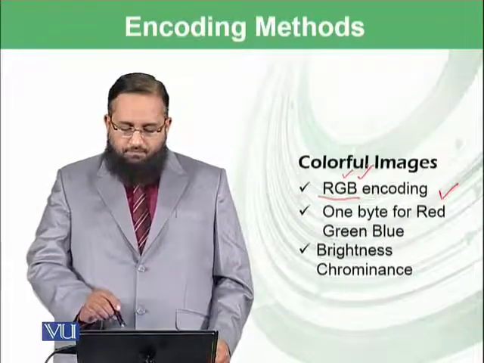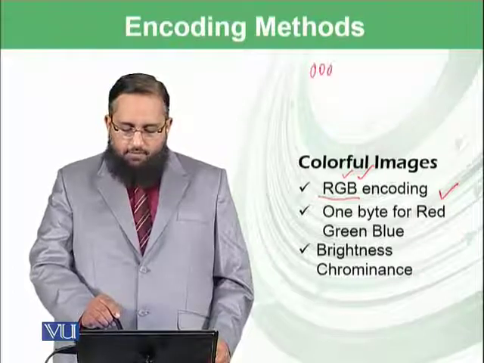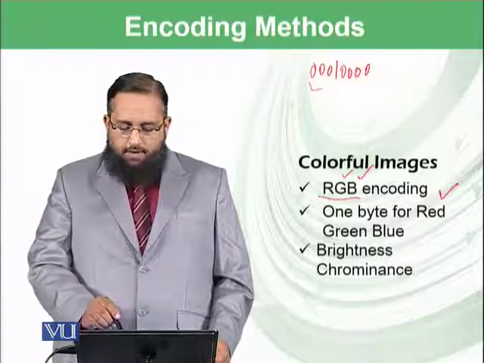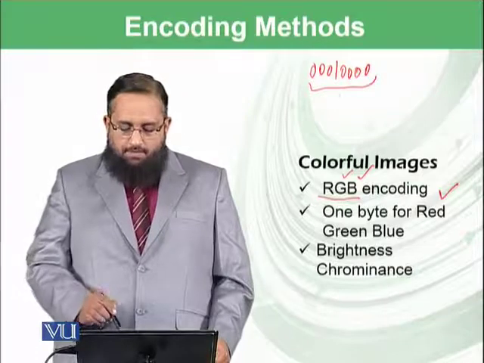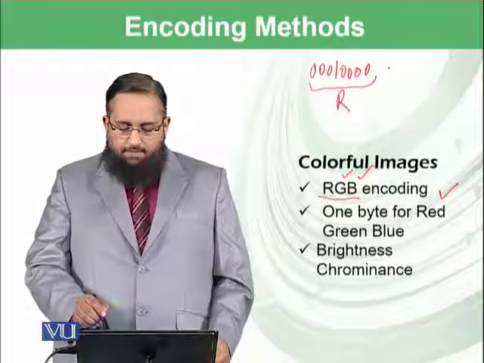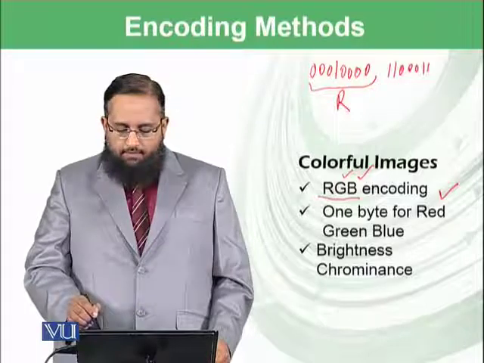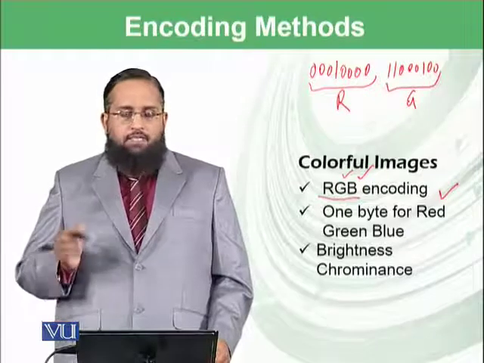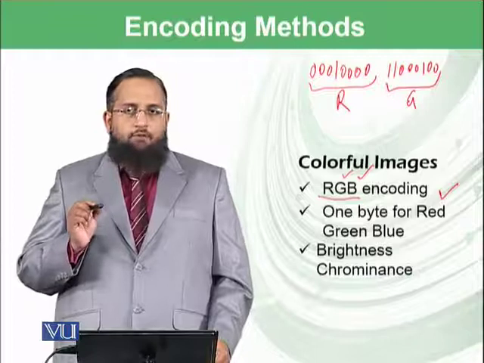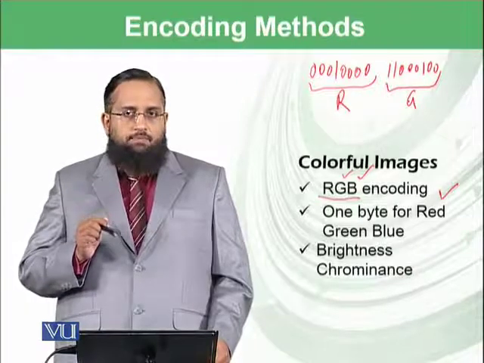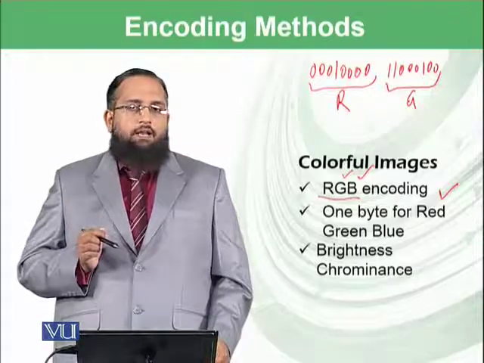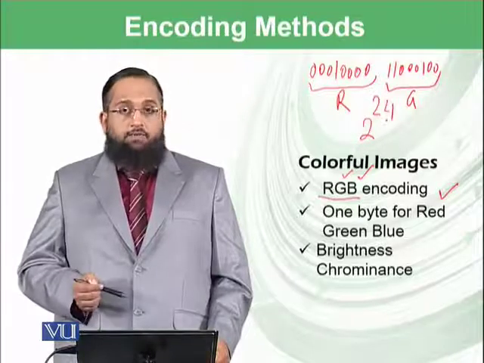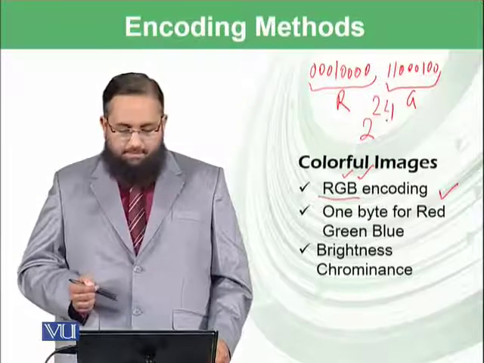So this is 1 byte or 8 bits to represent red, then another 8 bits for green, and similarly for blue. This combination of 24 bits will represent one color. So with RGB you can represent 2 raised to power 24 colors, which is more than 16 million colors.